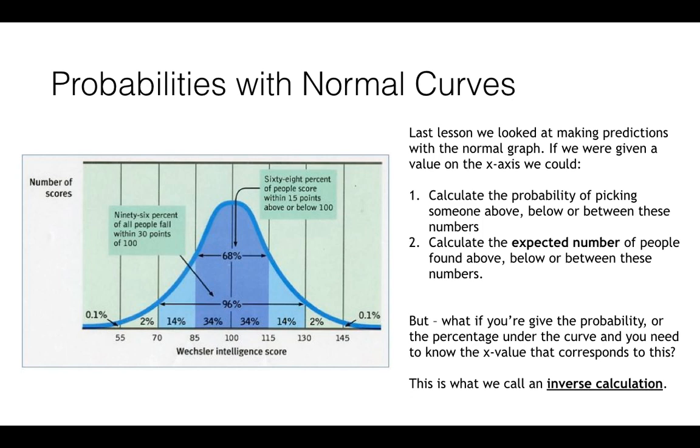So it's really useful if we look back at this graph that we looked at last lesson. It's useful for you to remember off by heart these percentages. So you should know that 68% of your data falls within one standard deviation of the mean, 96% is within 2, 99% is within 3.